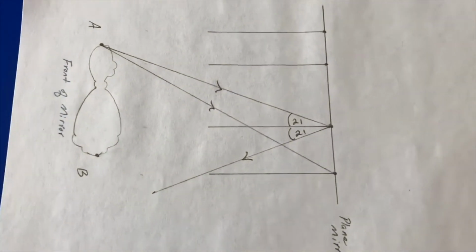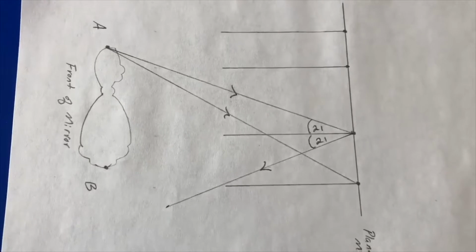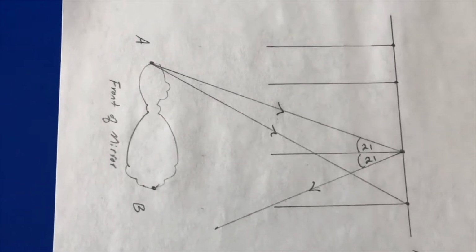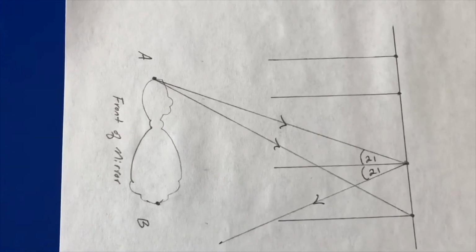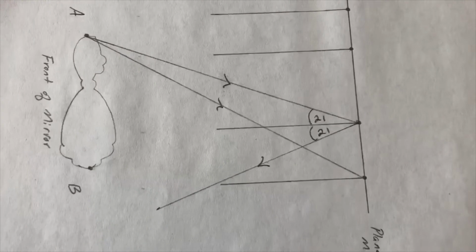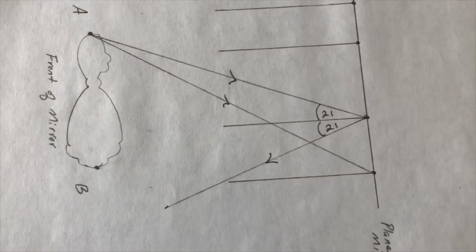Okay, so before the diagram gets a bit complicated, I'm just going to show you one incident ray completed along with its reflected ray drawn in. Now I got two incident rays coming from point A of the object, but only the first one, hitting with a 21-degree angle of incidence, I have the reflected ray drawn for.